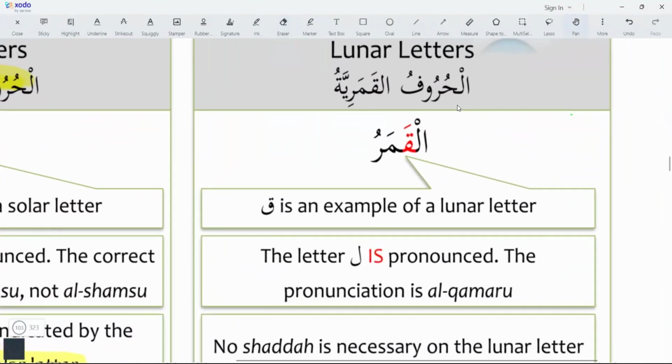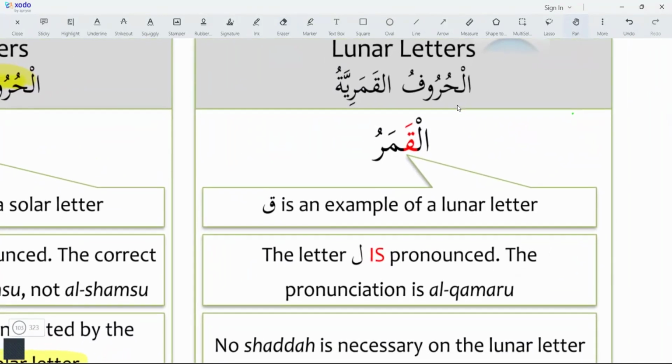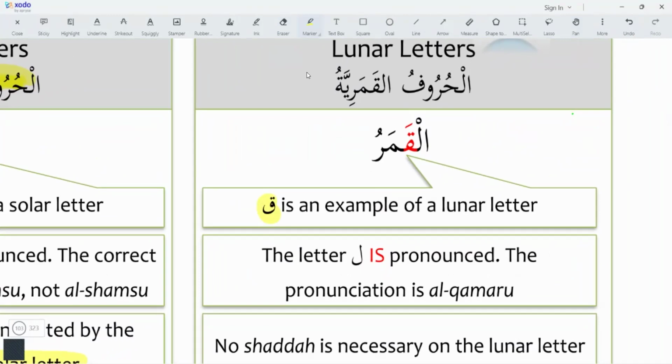We call them al-haruful qamariya. Qaf is an example of the lunar letter or moon letter. The letter lam is pronounced in the haruful qamariya.